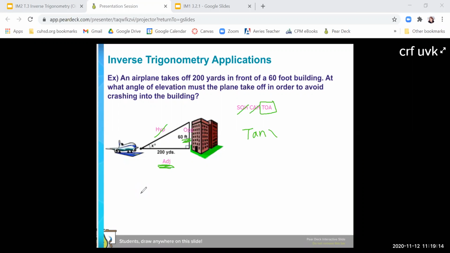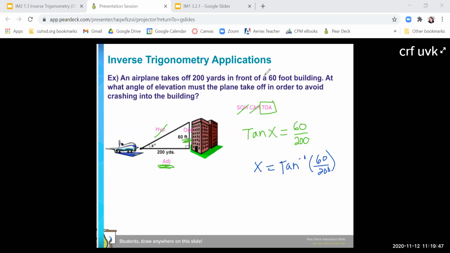The tangent of x, that's our unknown angle this time, is the opposite, 60, over the adjacent, 200. And then it's time to use our inverse trig. So now the angle that we're trying to find is equal to the inverse tangent, tan to the -1 of 60 over 200.